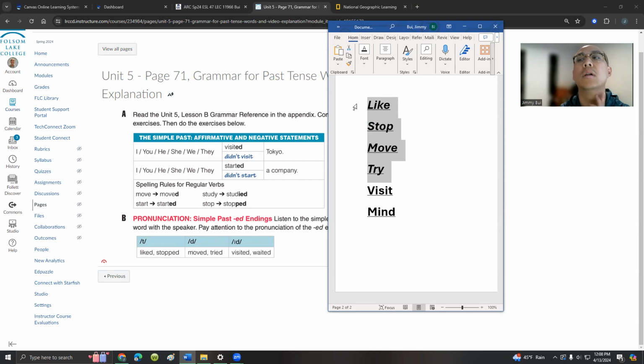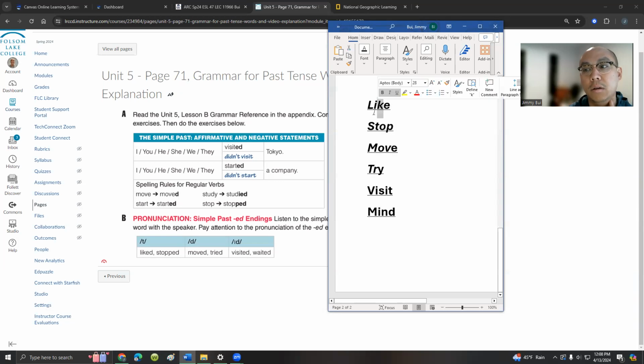So for example, like, say it in the present tense, like. Now, of course, there is vibration in the word like, but what I want you to focus on is if there is vibration at the last sound of the word. Okay, so like, you don't hear the E, you hear the K sound, ka.